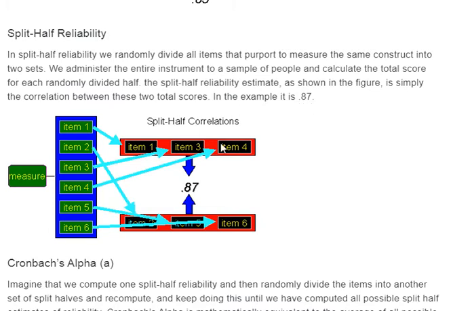There are 6 total items, 1, 2, 3, 4, 5 and 6, and we split them into two halves. One half is 1, 3 and 4, and the second half is 2, 5 and 6. We apply the two halves of the test on the same participants or different participants with a suitable time interval, again and again, and if we get consistent and similar results, then split half reliability exists.